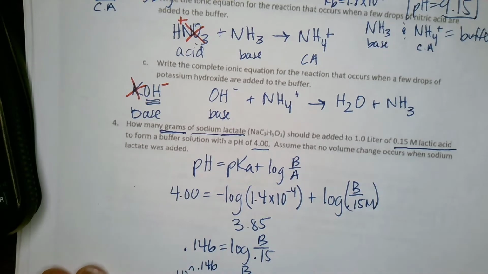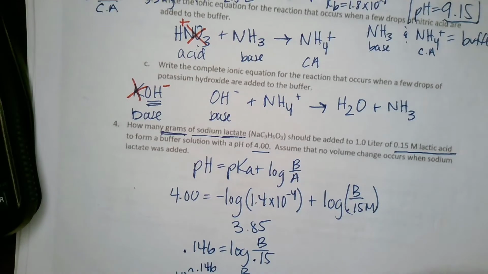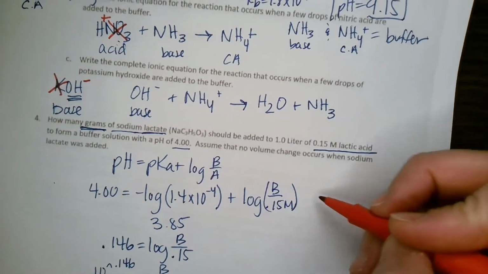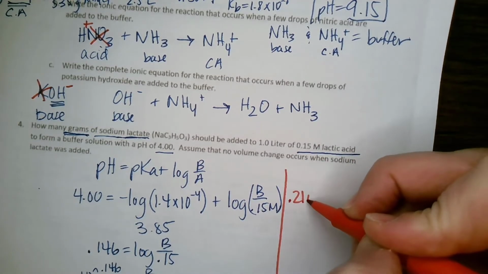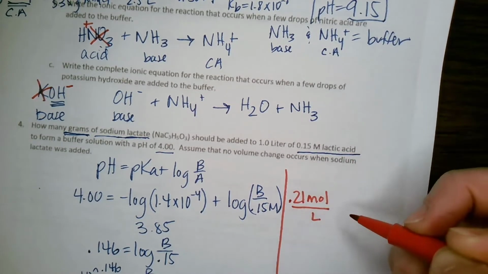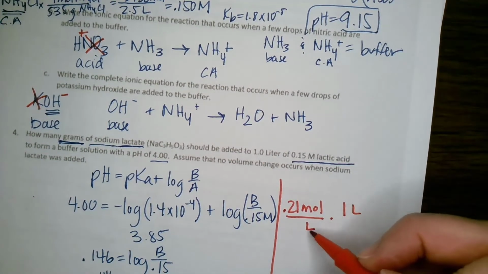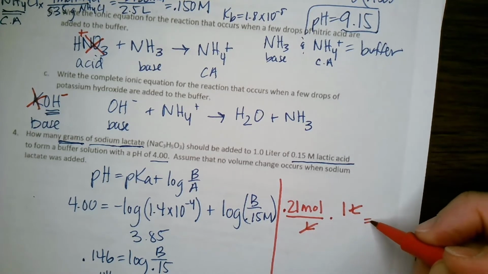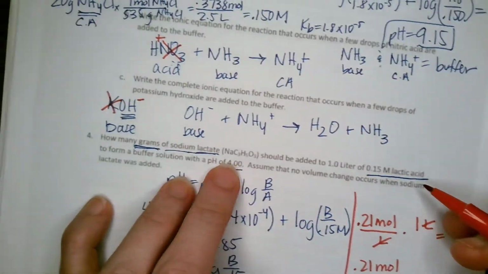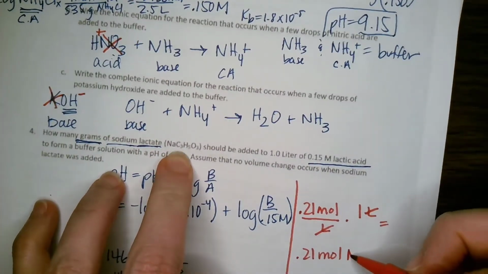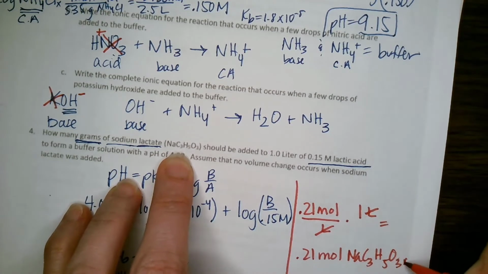Now remember, that is moles per liter. So we still have a little bit of work left to do. This 0.21 is moles per liter, and we were told that it's in 1 liter, so 0.21 times 1 still gives us 0.21 moles of sodium lactate, which is NaC3H5O3.